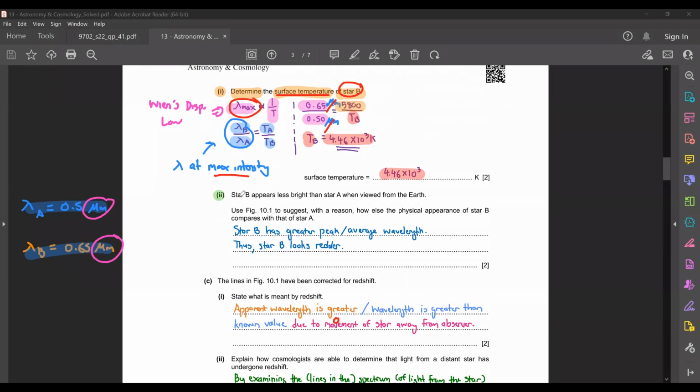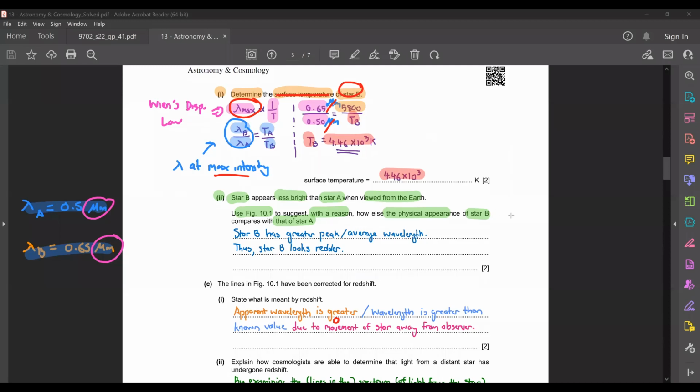For part 2, star B appears less bright than star A when viewed from the Earth. Use figure 10.1 to suggest with a reason how else the physical appearance of star B compares to that of star A. So if you try to recall the shape of the wavelength distribution graph for star A and star B, it was a graph of intensity versus wavelength.